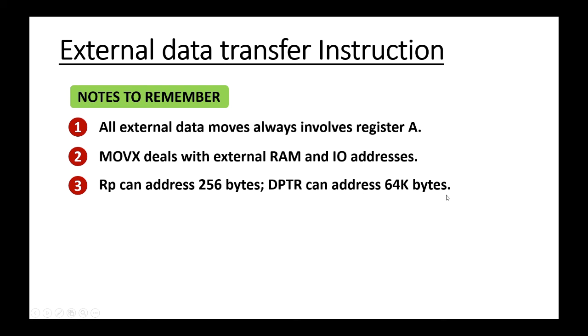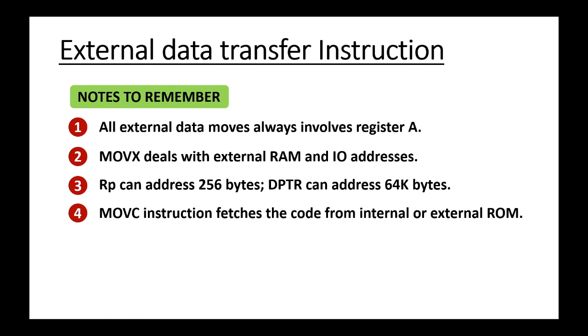So if you are connected to a small external memory, you can use an RP. Otherwise, if you are using the full capacity of the 8051 and you interface 64K of memory externally, then you can go with the DPTR. This instruction is used to fetch the code from the internal or external RAM.